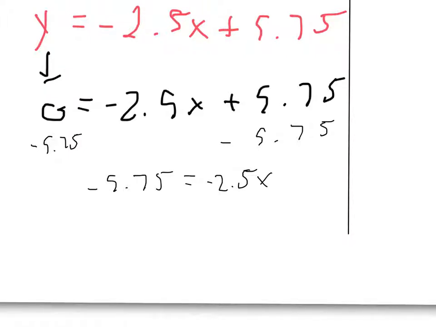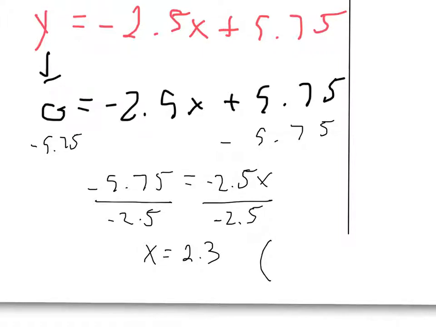And then of course undo multiplication with division. If you divide that on your calculator, you would know that x is equal to 2.3. So your x-intercept is located at 2.3, and if you wanted to know the ordered pair of that location, you simply plug that x value that we found into the x part of the ordered pair.